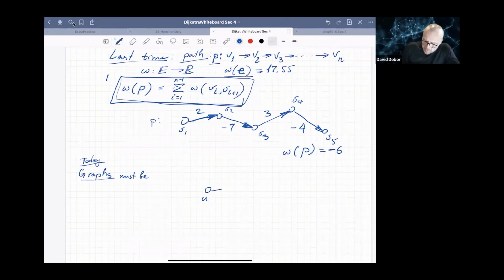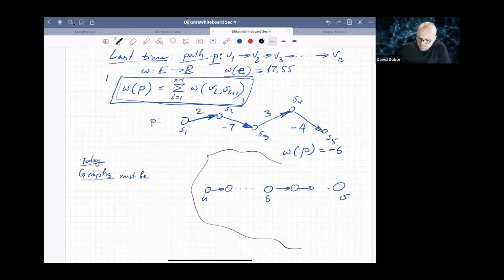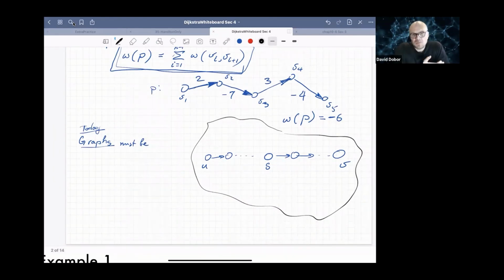You have U, and then you have a bunch of nodes, then you have some vertex S, and so on, and you have some vertex V. And this is part of a larger graph, so you have other nodes in this graph. What I've drawn here is just one of many possible paths between U and V.